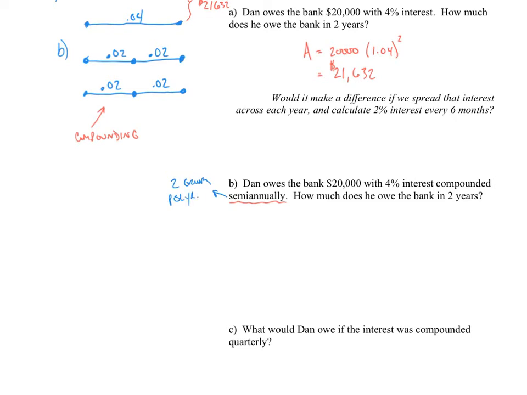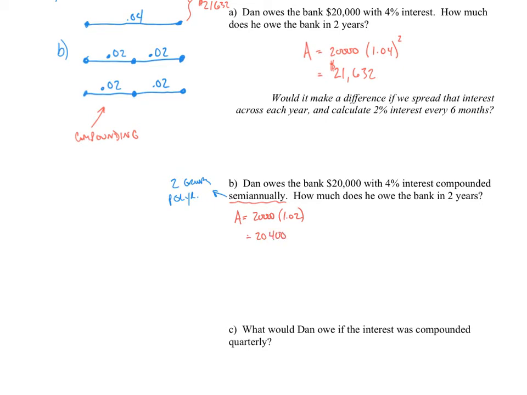So what we're going to do is figure this out 6 months at a time, half a year at a time. We'll zoom in on this point in time. He borrowed the $20,000, half a year went by, and 2% interest was applied. So A of 6 months is $20,000 times 1.02. Just add 2% to the $20,000. And it turns out that equals $20,400.